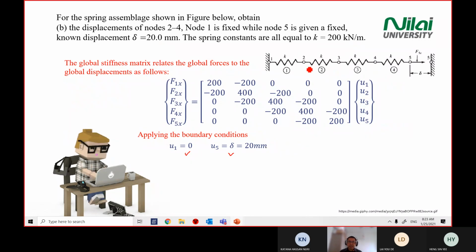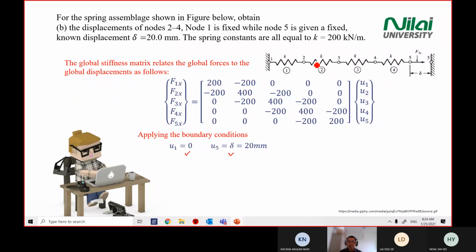If you look at points 2, 3, 4, they are free to move, or we are applying the continuity principle, where if you pull at point number 5, point number 2 is following the movement, point number 3 is following the movement, point number 4 is free to move in x direction.